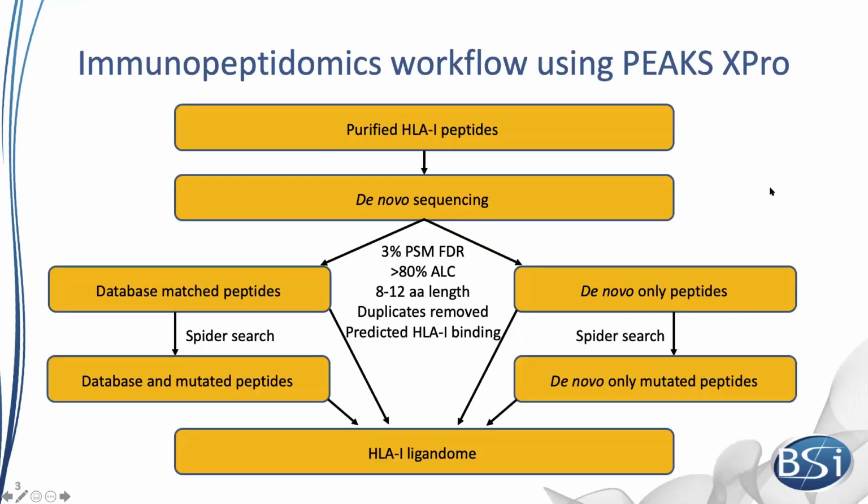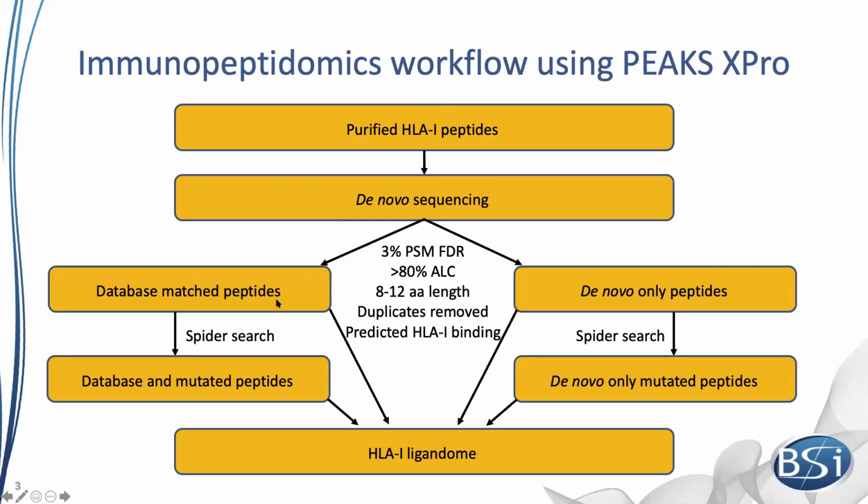And so here's the workflow. It's pretty straightforward, and it's very similar to the one that Andy had shown earlier. Basically, you start from purified HLA peptides in a raw mass spectrometry data set. It first undergoes de novo sequencing, and then we perform a database search, but also keep all of the peptides that were identified by de novo sequencing only and don't match anything in the database.